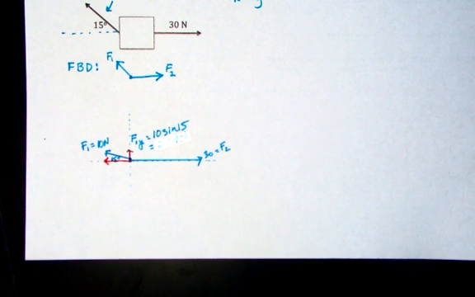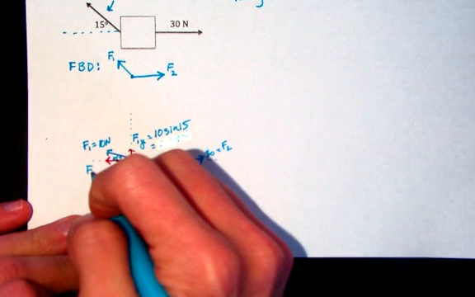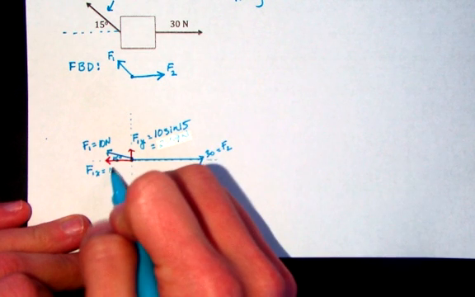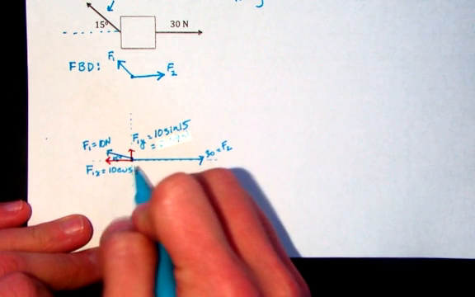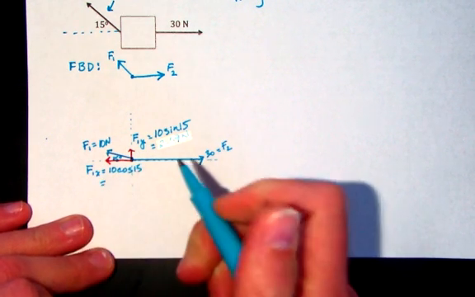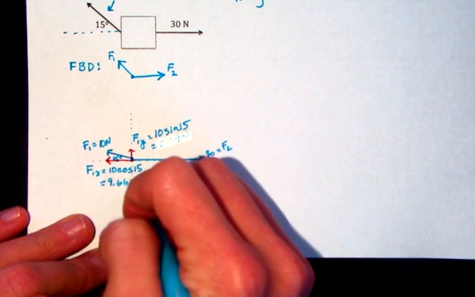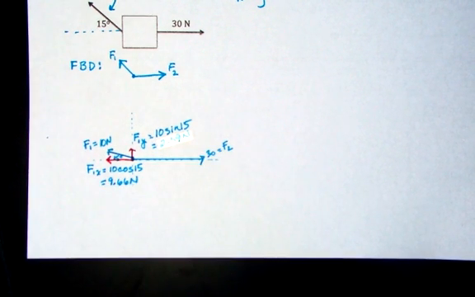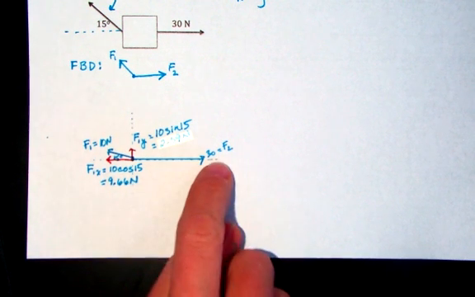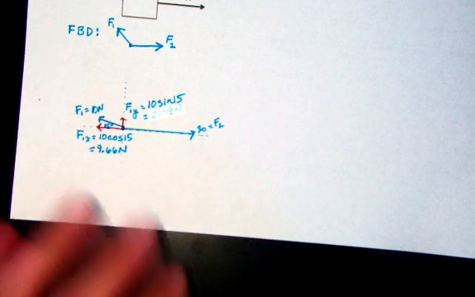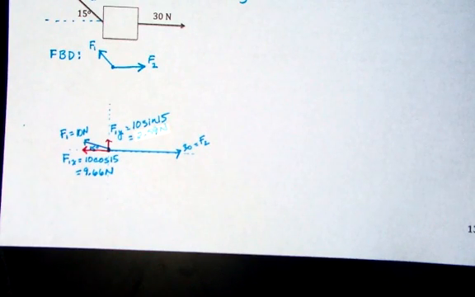So this one is F1x, and that's going to equal 10 cosine of 15, and that is going to be the 9.66. All right, so we have our y component, we have our x component, and we have our force 2. Okay, so we have everything that we need to solve at this point.